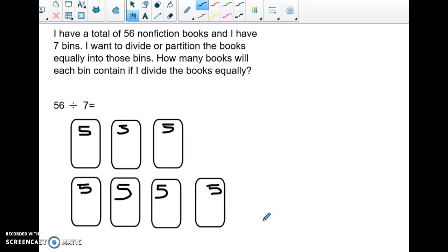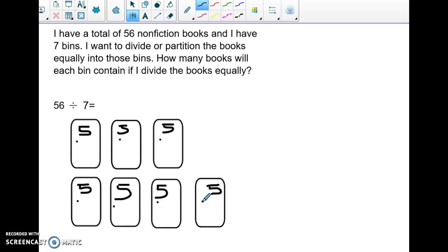So now I'm wondering if I can add a few ones to each bin to see if I get to that 56, because I'm not too far. So if I know I have 35, I might say 36, 37, 38, 39, 40, 41, 42.